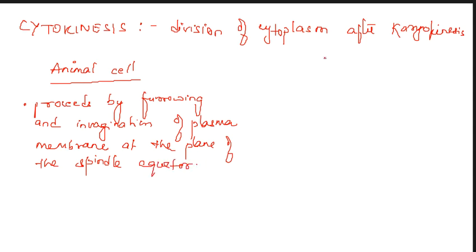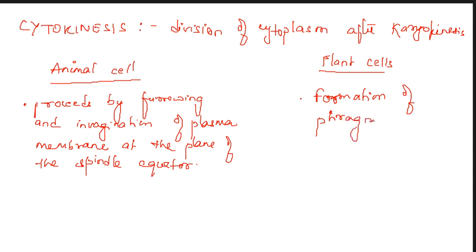But in case of plant cells, the cell wall is present. So the furrowing process is not possible here. Here the cytokinesis is assisted by the formation of phragmoplast and cell plate.